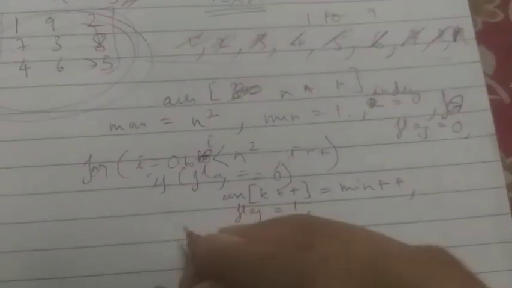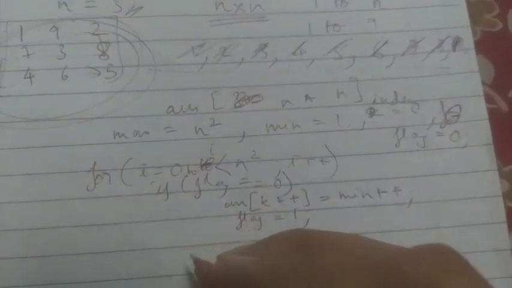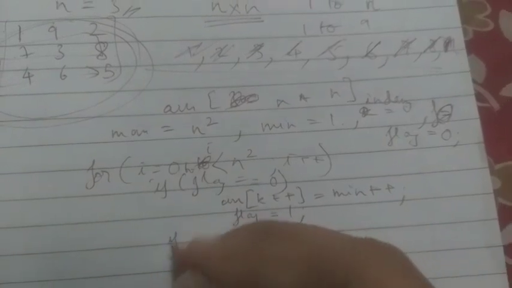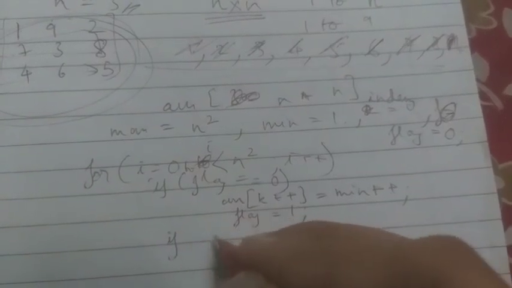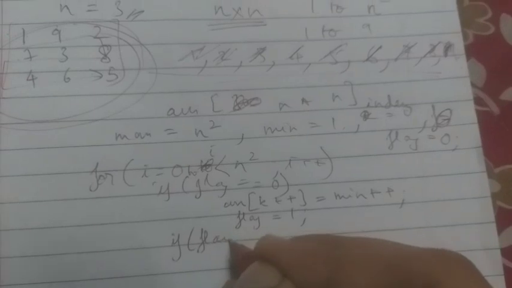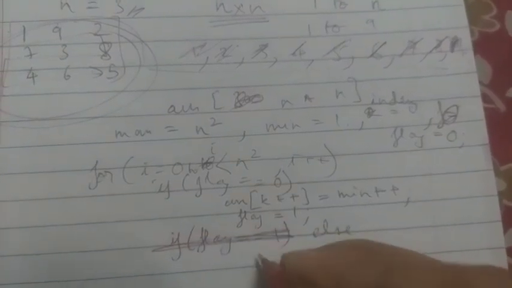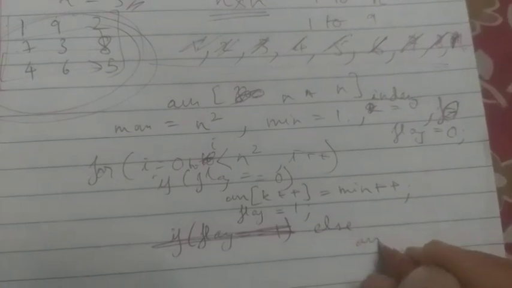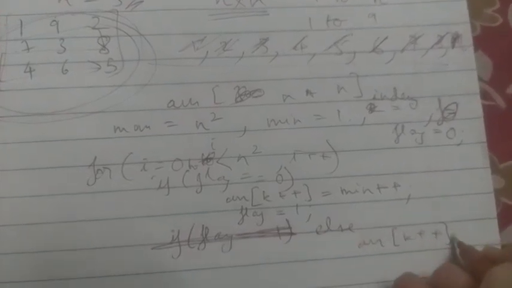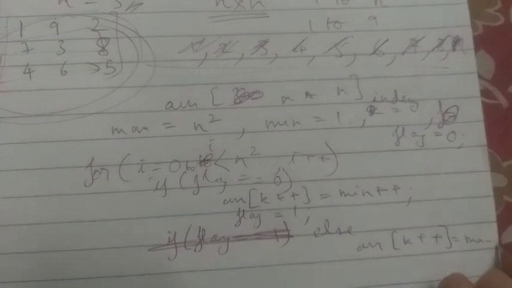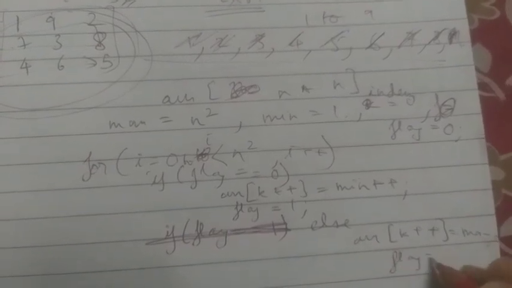Okay, this flag acts like a key concept. Else, what we are going to do, arr of k plus plus is equal to max minus minus, and flag is equal to 0.